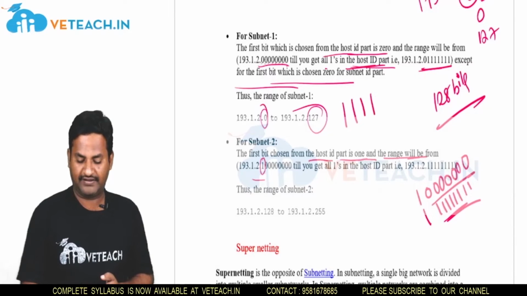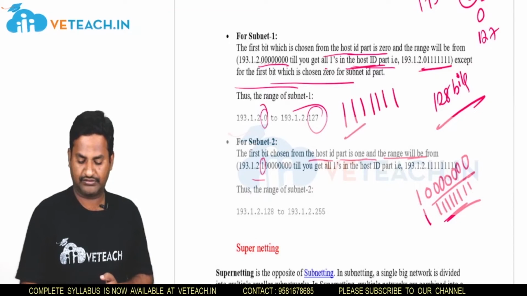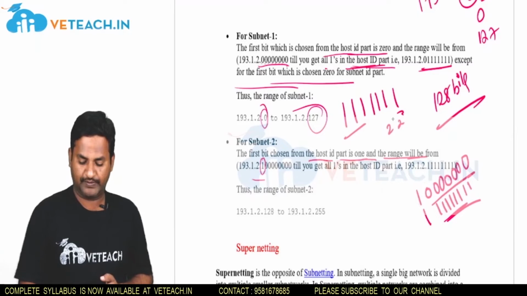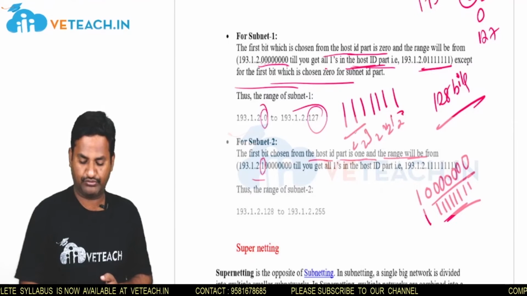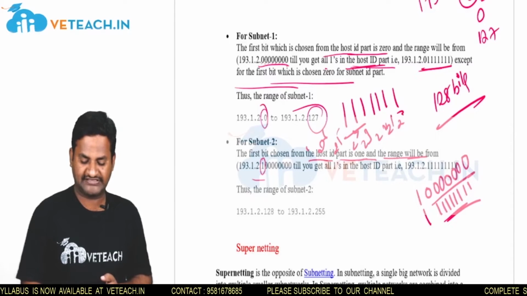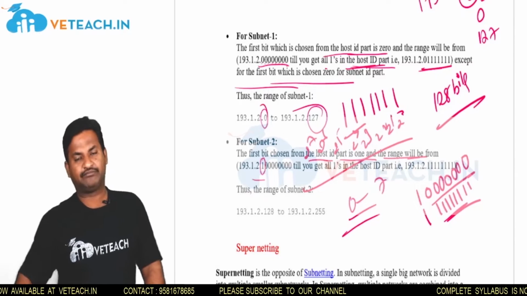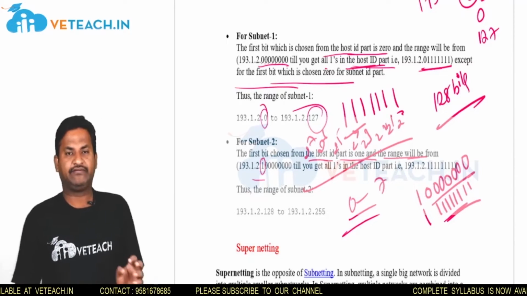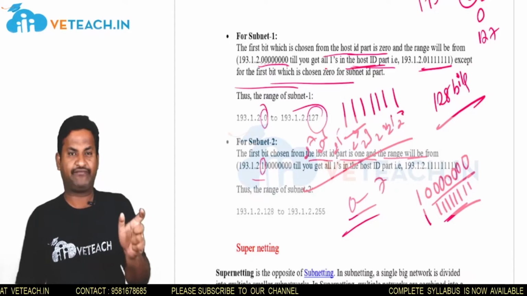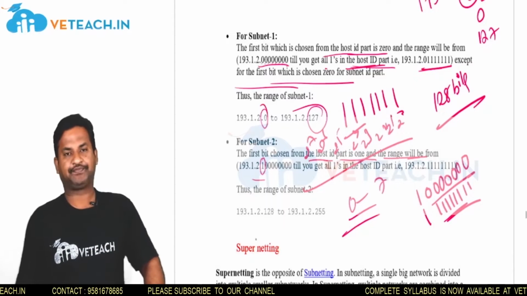Seven bits mean 2 power 0, 2 power 1, 2 square, 2 cube, 2 power 4, 2 power 5, 2 power 6, since these are all binary. So we can divide with respect to 2 power 0 to 2 power 7, that is 127.